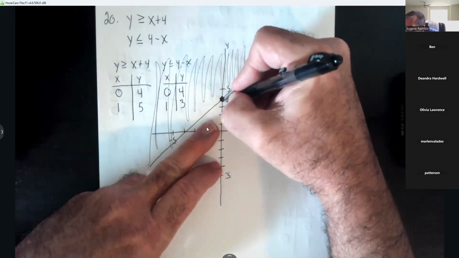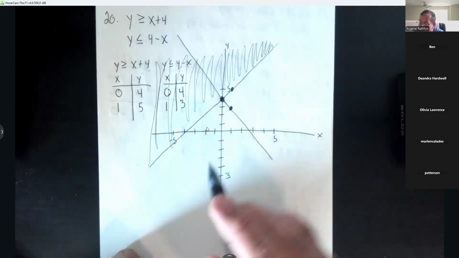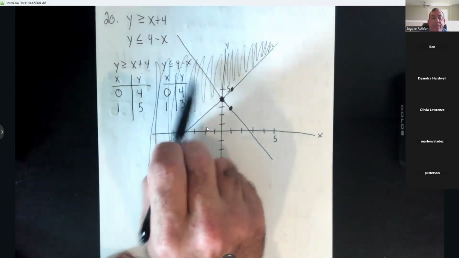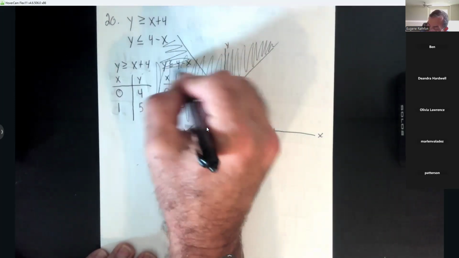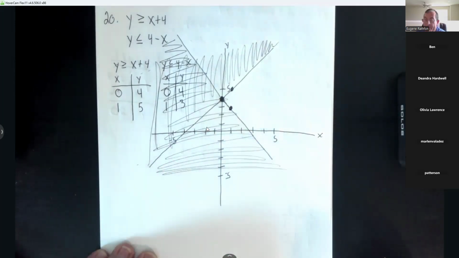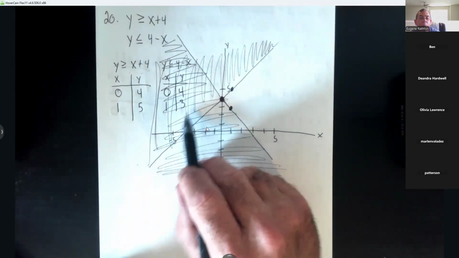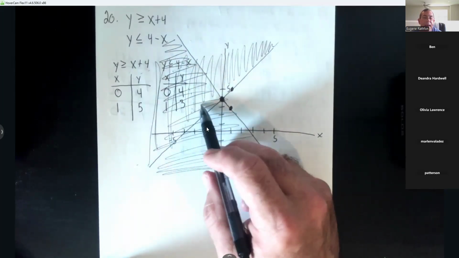So y'all, that's a solid line also. It's less than, so it's going to shade below the line on that one. So it's going to shade this away. So I'm looking for the region with the double shading, which is this left side.